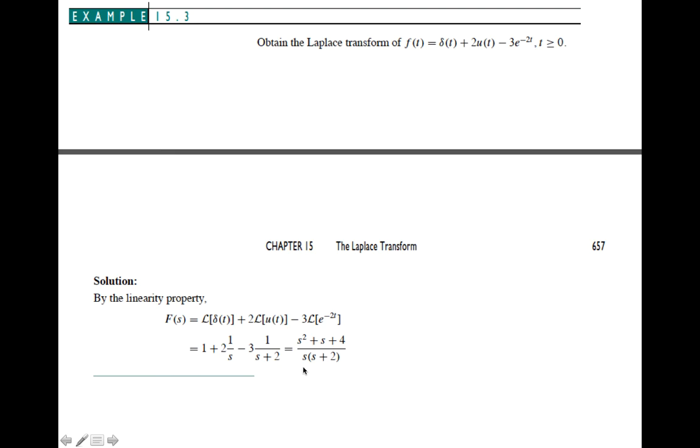However, if we look at this in its simplified version, it would be impossible to know. So this is just a heads up: when taking the inverse transform, we have to get back to the form where each term is something we can look up on the table. As we move from Laplace transforms to inverse transforms, that's part of what we'll be learning how to do.